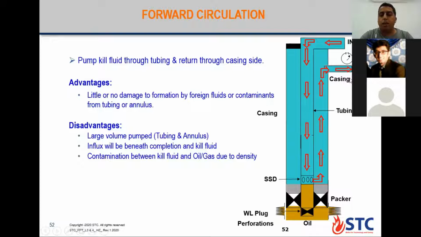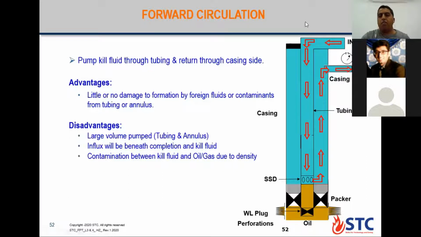What is the primary barrier here during the killing operation? Where is the primary barrier? It would be the Christmas tree? No, it will be the wire line plug here. Oh, okay, yeah. It is our primary barrier. So in our case here, the kill fluid is not the primary barrier. It is dependent on the operation.